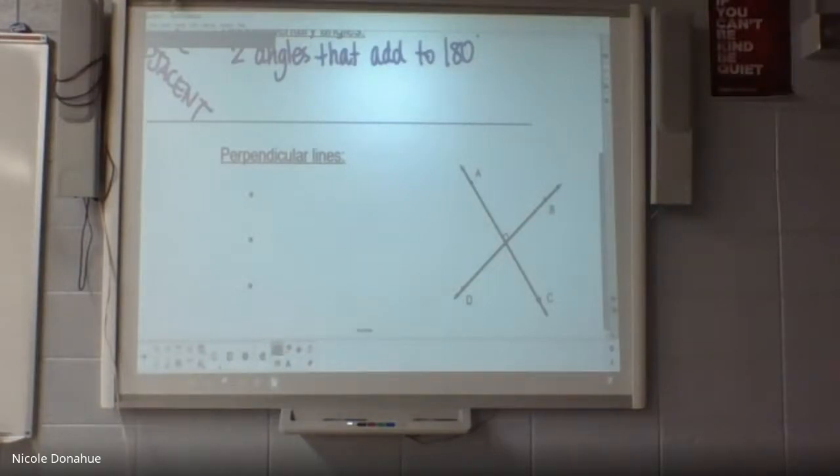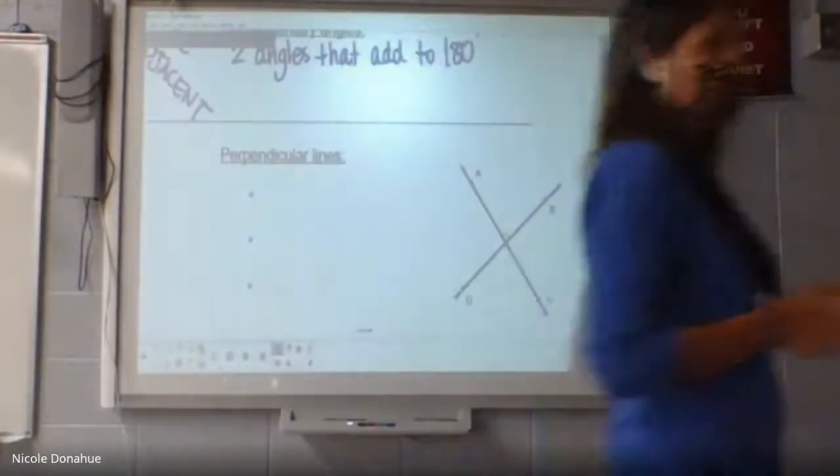So the fact that these two lines intersect and there's that little box that's a right angle, that's what perpendicular lines are. They're lines that cross at a 90-degree angle. For the notes we started last class, we're just continuing for today, so we're just in the bottom down here. So perpendicular lines are lines that cross at a 90-degree angle.